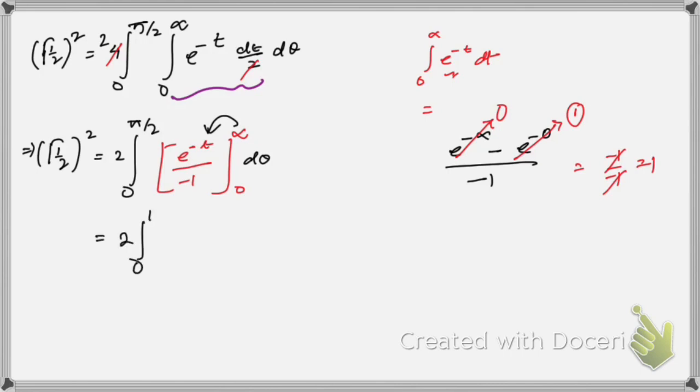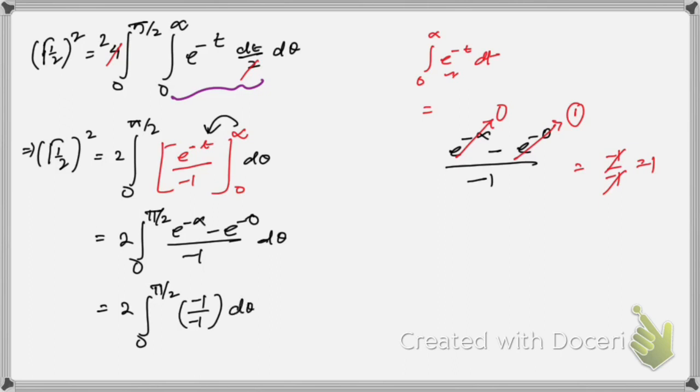So we have got 2 integral 0 to pi by 2, e to the power minus infinity minus e to the power 0 by minus 1 and d theta, which is nothing but 2 integration 0 to, sorry, that should be pi by 2, then this is minus 1 by minus 1, right, d theta.